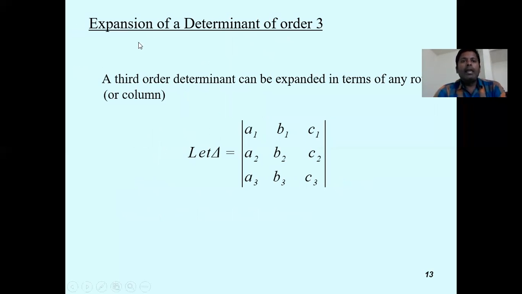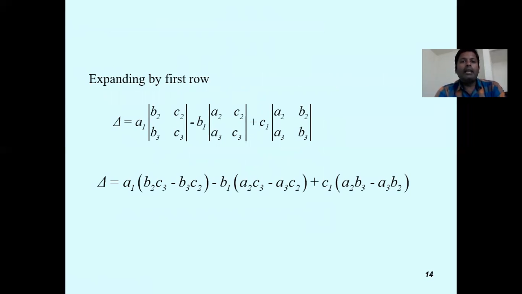Now we go to the expansion of a determinant of order 3. A third order determinant can be expanded in terms of any row or column. Let delta equal A1 B1 C1, A2 B2 C2, A3 B3 C3. Now we write expanding by first row.